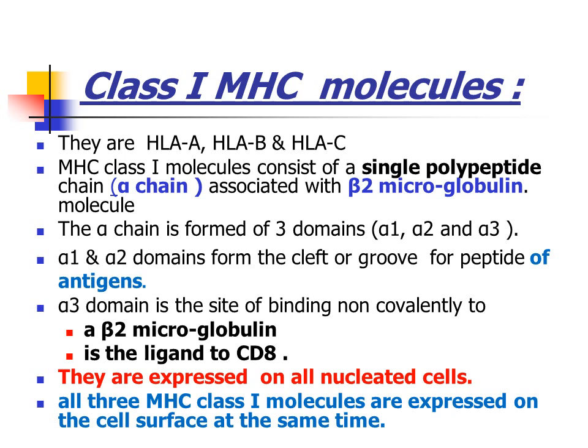Alpha 1 and alpha 2 domains form the groove. In the groove, the peptide chain of the antigen is presented, for binding of the peptide chain of the antigen. The alpha 3 domain is the site of non-covalent binding to beta 2 microglobulin and is the ligand to CD8. They are expressed on all nucleated cells.